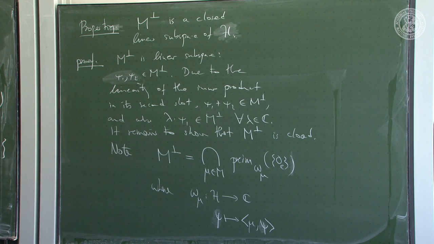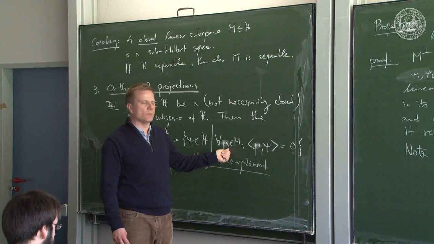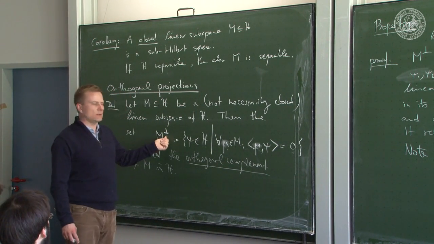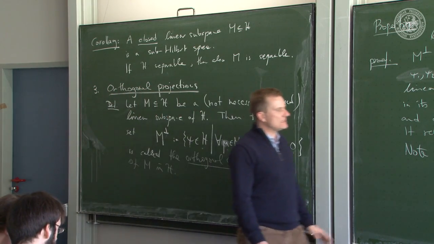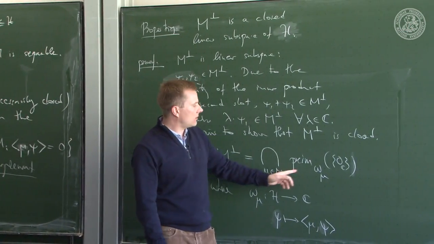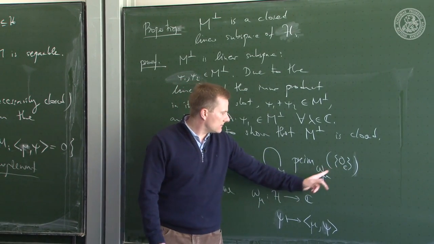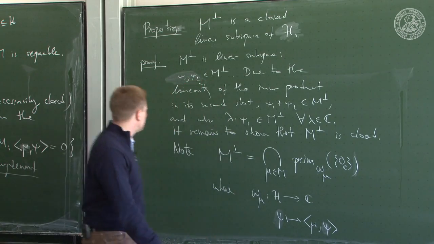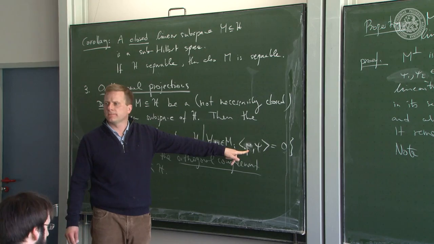So this is this 0, and one map picks a particular mu. But the M orthogonal is all the psi's where this is true for all the mu. So it's the intersection of all those sets, and the pre-image of 0 under omega mu is exactly this condition that the psi belongs in here. Okay?